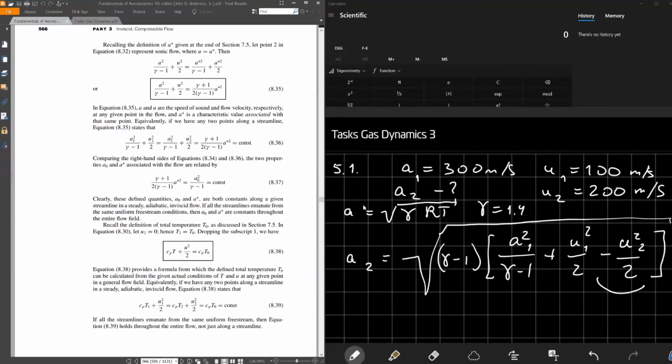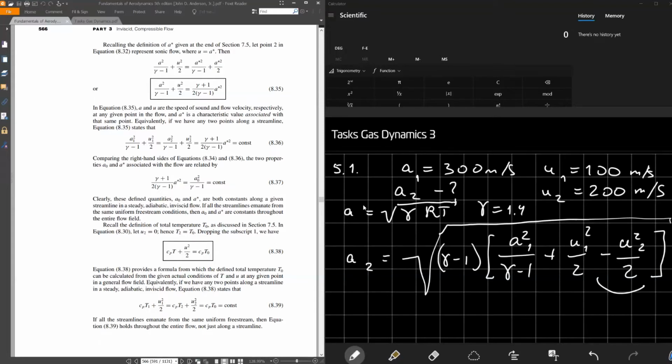This velocity will not be possible to achieve by flow acceleration because the flow has potential energy, which is basically the temperature. If we spend all the potential energy, temperature drops so much that acceleration will not be possible anymore. But I hope I will not give you such a question where you receive a negative root from the function.